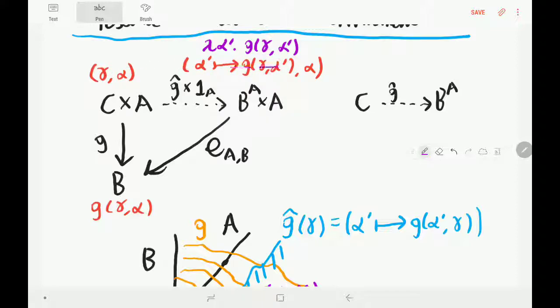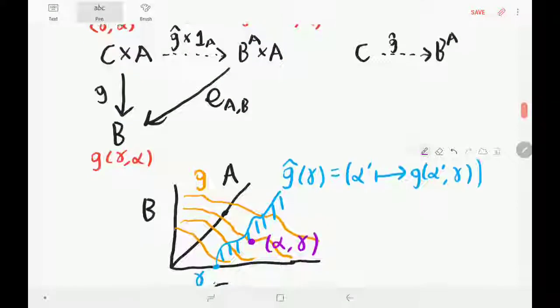So we get that function, and then we also get alpha, because the second part of this times ID A just takes the alpha from here and leaves it alone, paired with this function over here. And then the second part of this is this evaluation arrow. And all this does is it takes this function and then feeds in alpha as an input. And that gives us the same results.